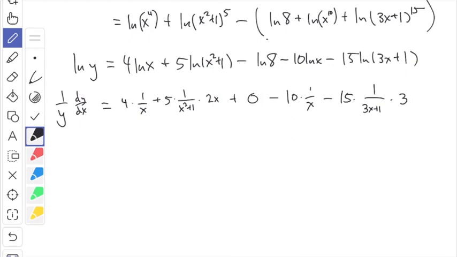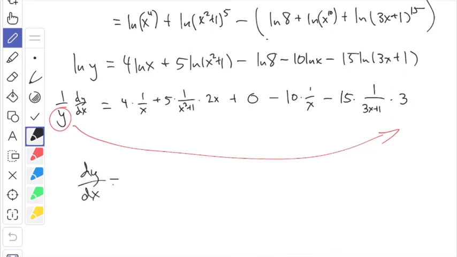And we're almost done. The final step is to multiply y over to the right side and write it in terms of x again. So I'm going to multiply this over here and then write the original formula for y in terms of x. So we end up with dy dx equals all of this stuff. I'm going to condense a little bit. 4 over x plus 10x over x squared plus 1. I'm combining some of the coefficients.